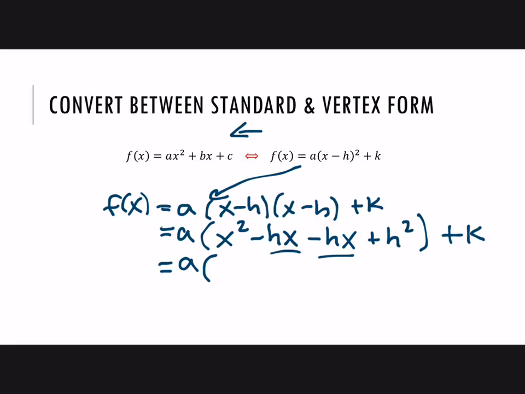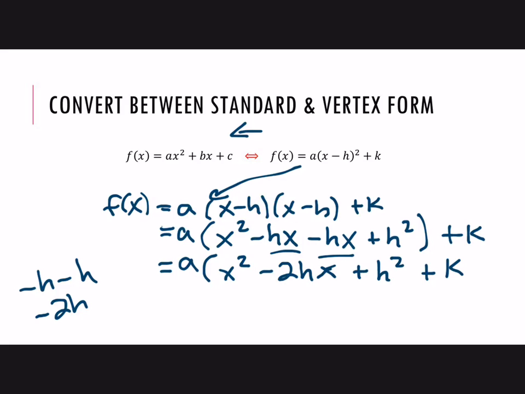So, negative h minus h. Now I can work with that just like an algebraic variable. So this turns out to be negative 2h. Alright, so I end up with x squared minus 2hx, so that term still has an x, plus h squared, and then plus k.